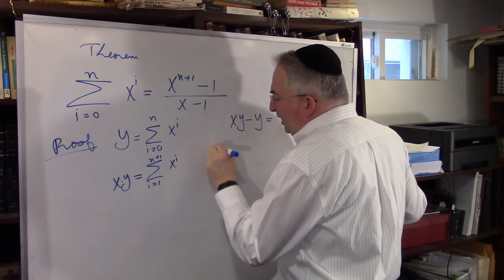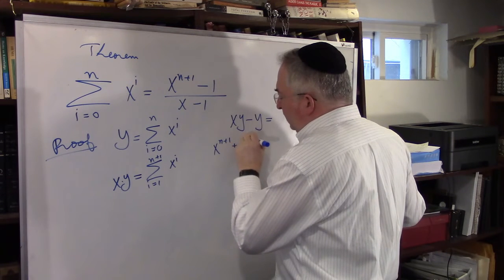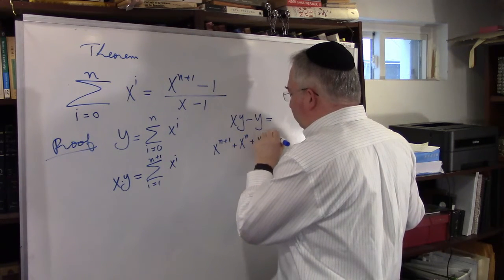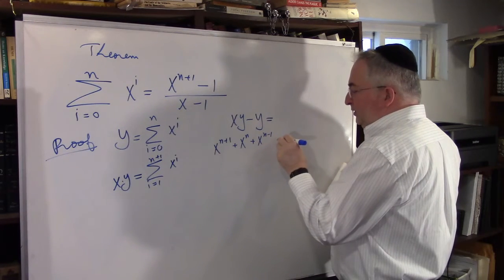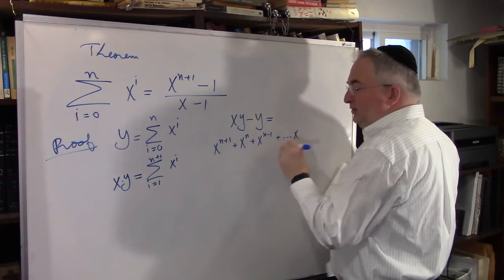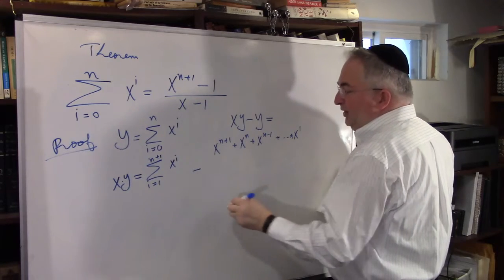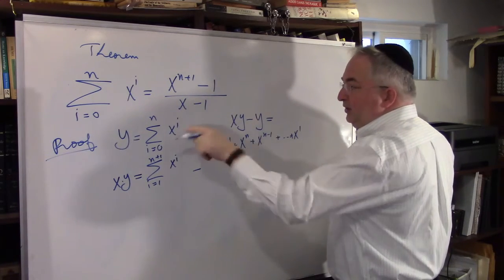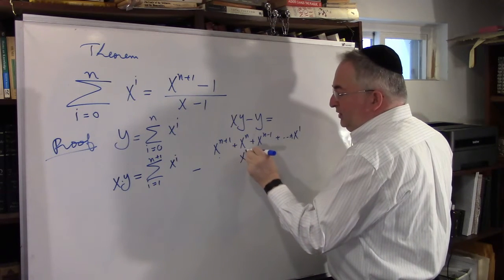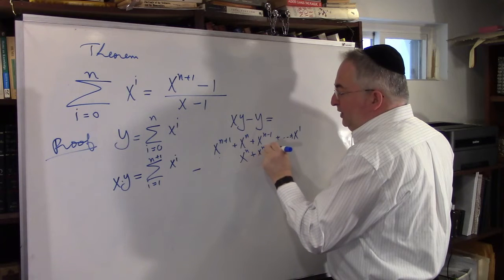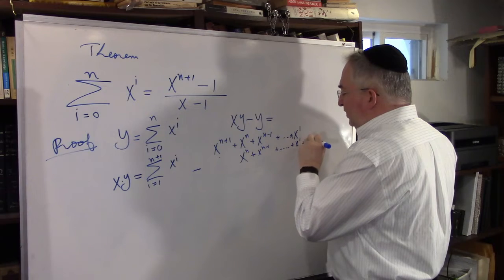I have x to the n plus 1 plus x to the n plus x to the n minus 1, plus, plus x to the 1. Subtract this: minus x to the n plus x to the n minus 1 plus, plus x to the 1 plus x to the 0.